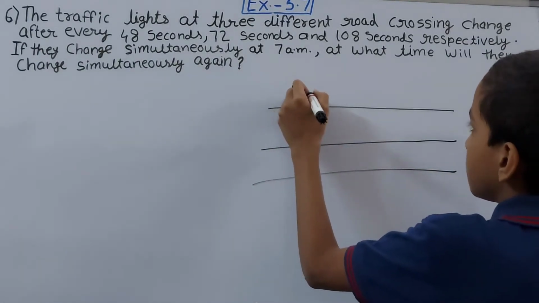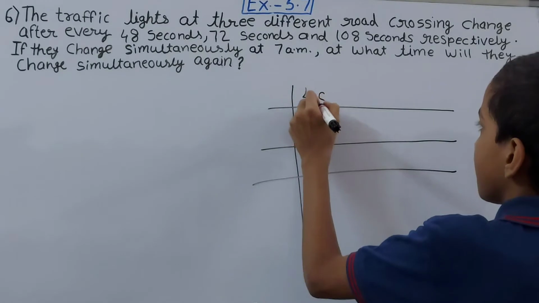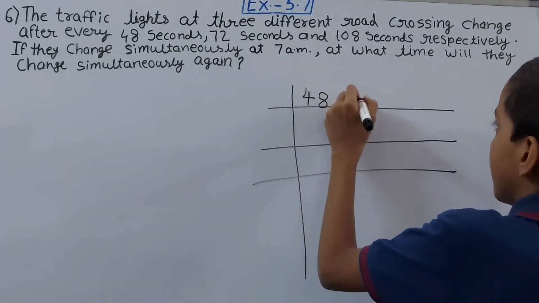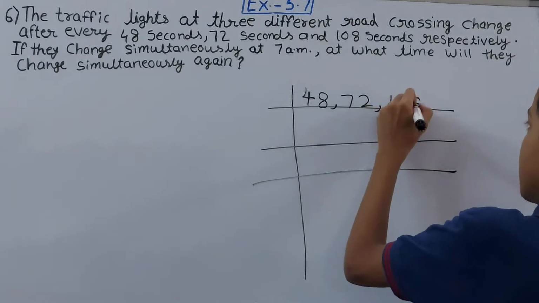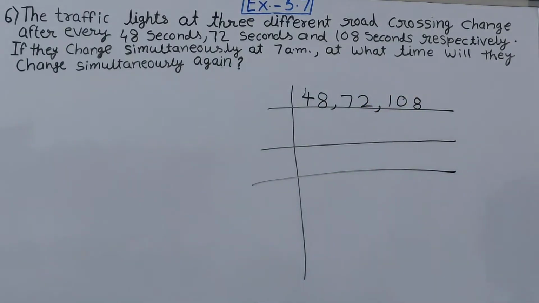The first one is 48 and then 72 and then 108. Alright. So friends, first we have to look for a common divisor here.